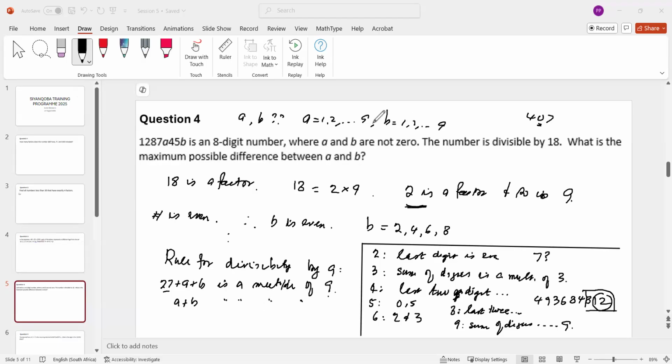Now A and B are digits, right? And the only multiples of 9 you can get from two digits are 9 and 18. You can get 9 and 18 from what we saw earlier, but you can't get 27, right? So the highest possible A plus B is 18.